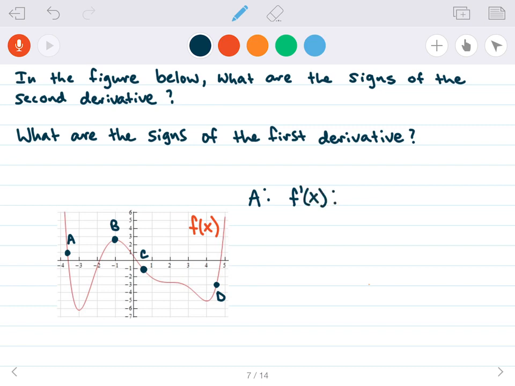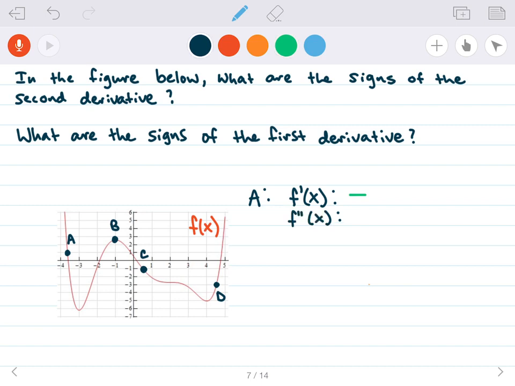Well, if this is f of x, remember f prime of x, the sign of that is going to depend on the slope of the line tangent to A. And if we sketch out that line, we can see that it's a negative slope. And so the sign for f prime of x is going to be negative. What about f double prime of x?